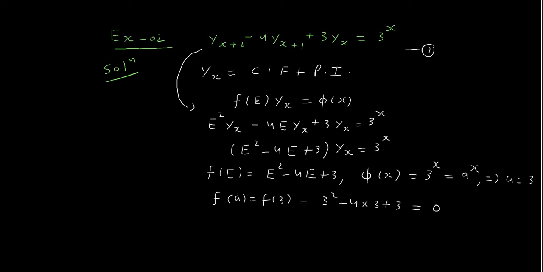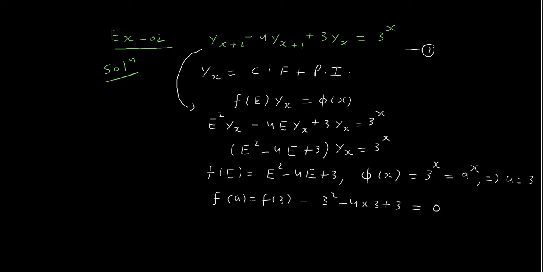So if f(a) equals 0, then what will happen? Then the particular integral becomes as follows. First we write the particular integral, because we already found the complementary function.